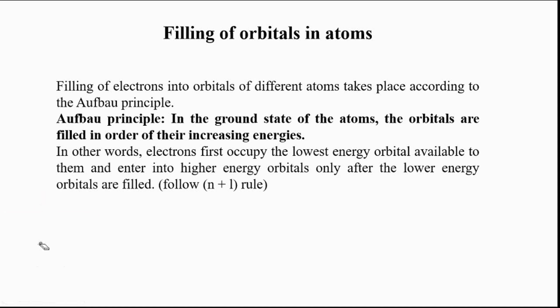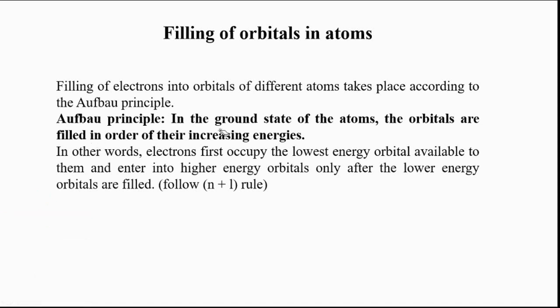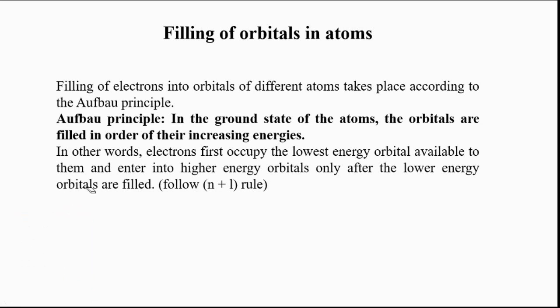Increasing energies means that as the energies increase, so will the electron occupancy be filled, which means that we have to consider what the lower energy levels are, and accordingly first fill in the lower energy levels and then go on to higher energies.